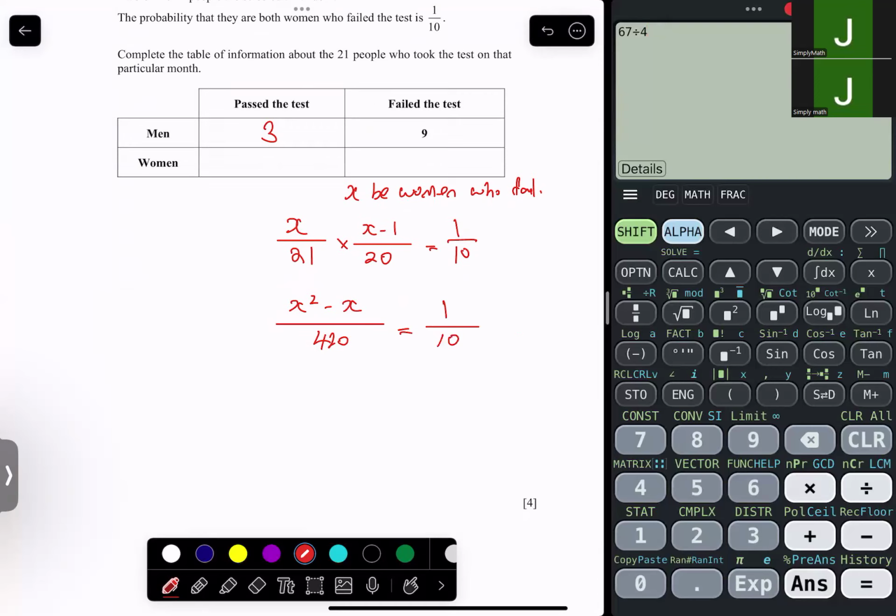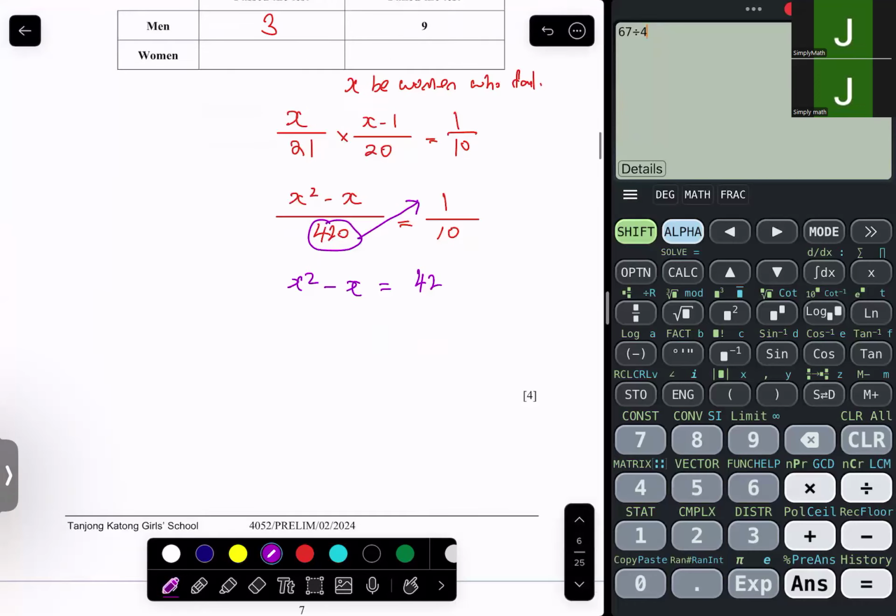Now if I cross multiply over the 420, look at what happened down here. I didn't bring the 10 over, because in my mind, I know that if I bring the 420 over, the 420 can actually divide by the 10. So actually, I'll get x squared minus x equals 42.